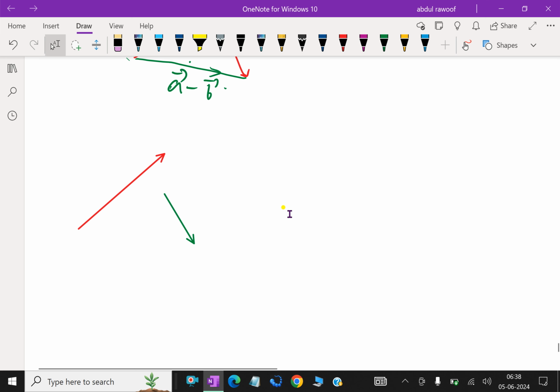Suppose, let it be this vector is P, this vector is Q. How to subtract those vectors?